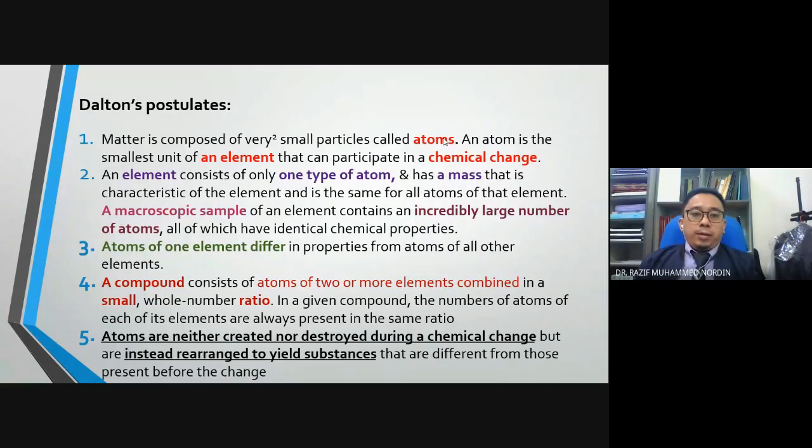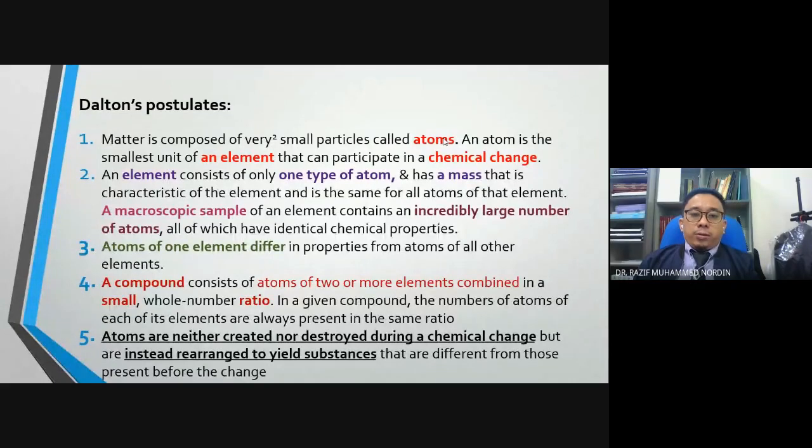Dalton postulated that matter is composed of very, very small particles called atoms, and an atom is the smallest unit of an element that can participate in a chemical reaction or change. The element consists of only one type of atom, and it has a certain mass that is characteristic of that particular element.